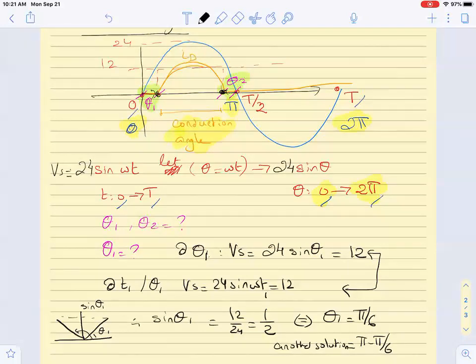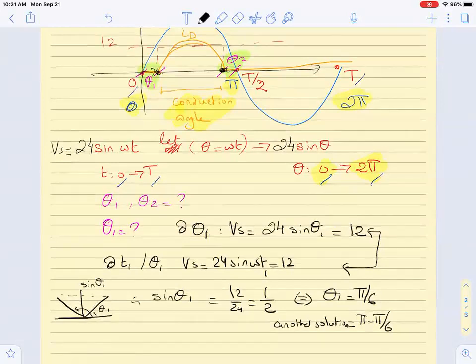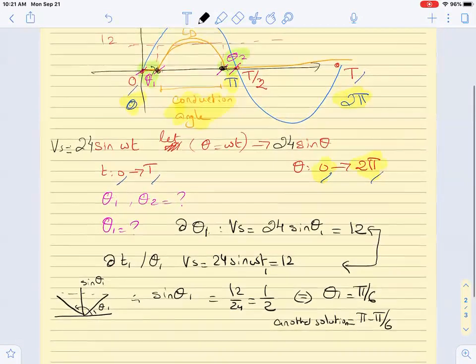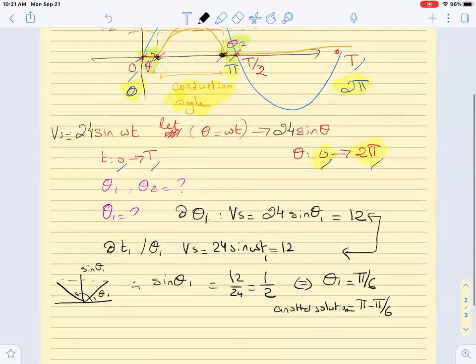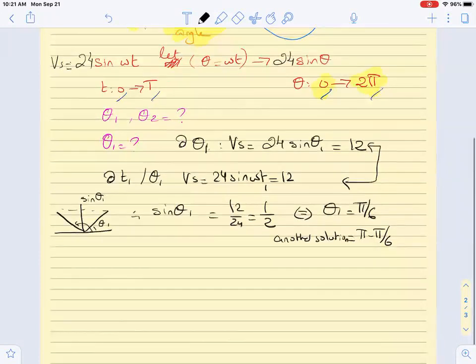Okay, but I know what the conduction angle is. What is the conduction angle? If I have this solution, where this is my 0 and this is my pi minus pi over 6, the first point is at pi over 6, which is the first intersection, and the second intersection is at pi minus pi over 6.